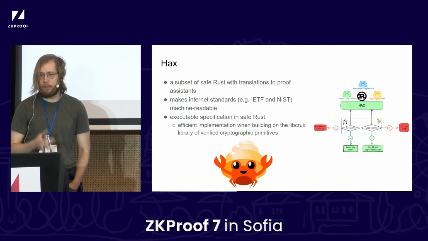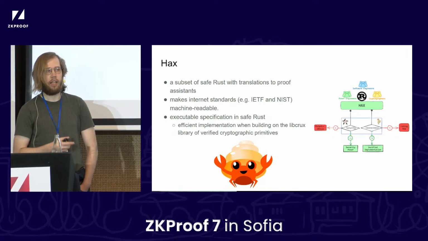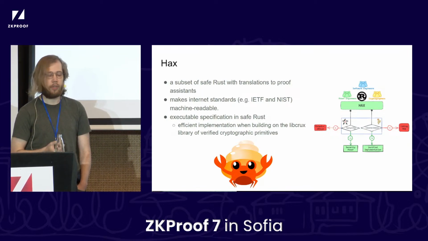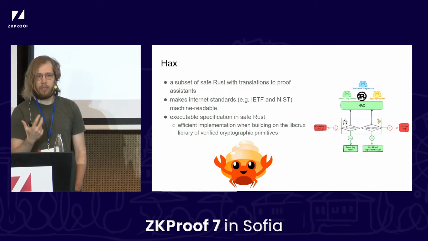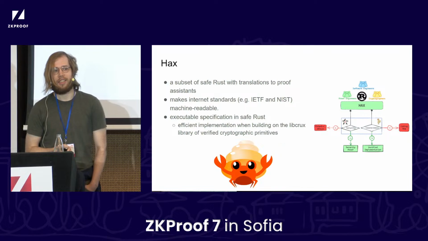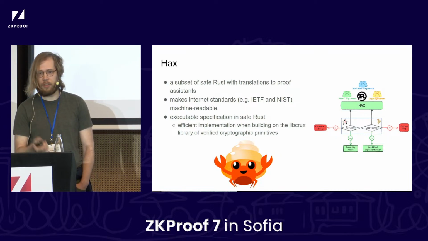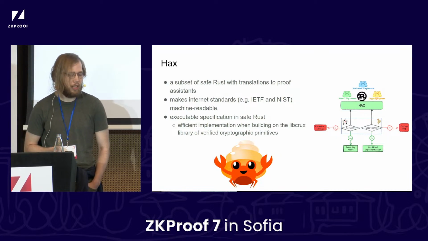Even though they might not be efficient implementations, they'll still allow you to do a lot of proofs of correctness on the specification itself and allow you to have a concrete definition of what the specification is and alleviate some of the bugs that can be in the specification itself.